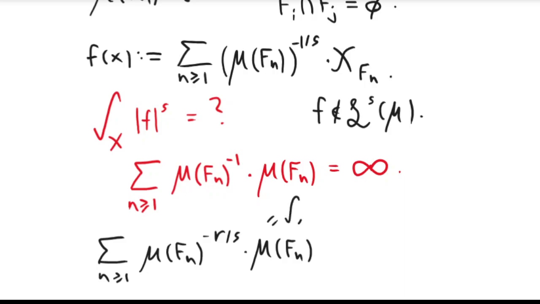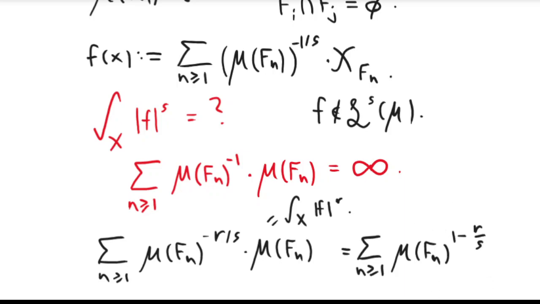So this is the integral of absolute f to the r. Another way to write this is that you're adding n greater than or equal to 1, and you have mu of Fn to the 1 minus r over s.